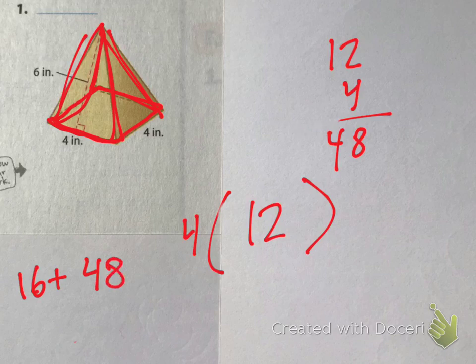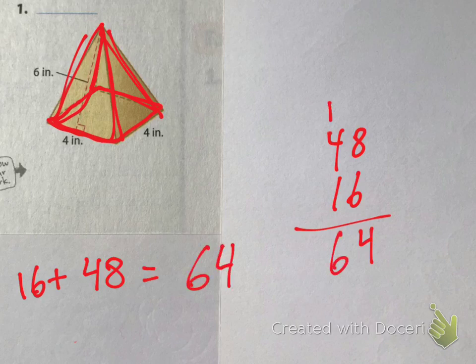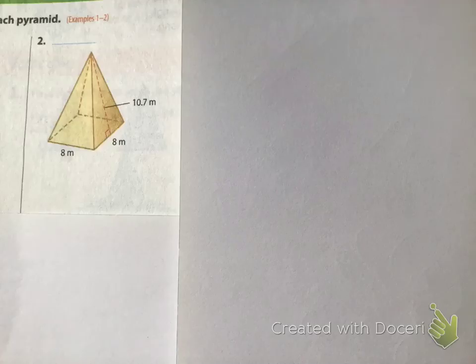And then I'm going to add to that my base of 16 to find my total surface area. Let's add 6 plus 8 is 14. We get 64 inches squared. As we can see, this lesson's not that hard. It's just a bit time-consuming.